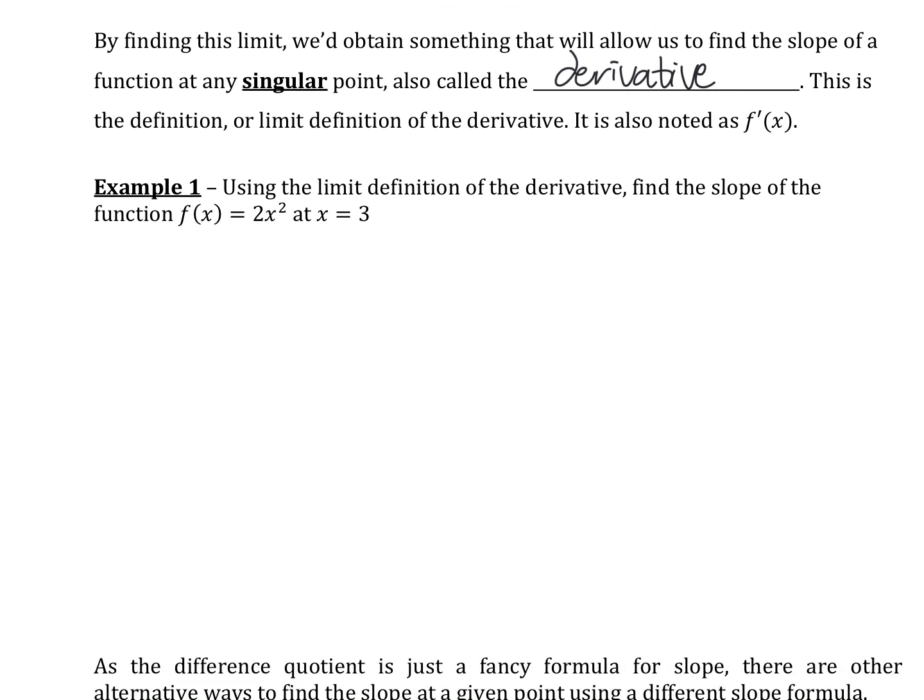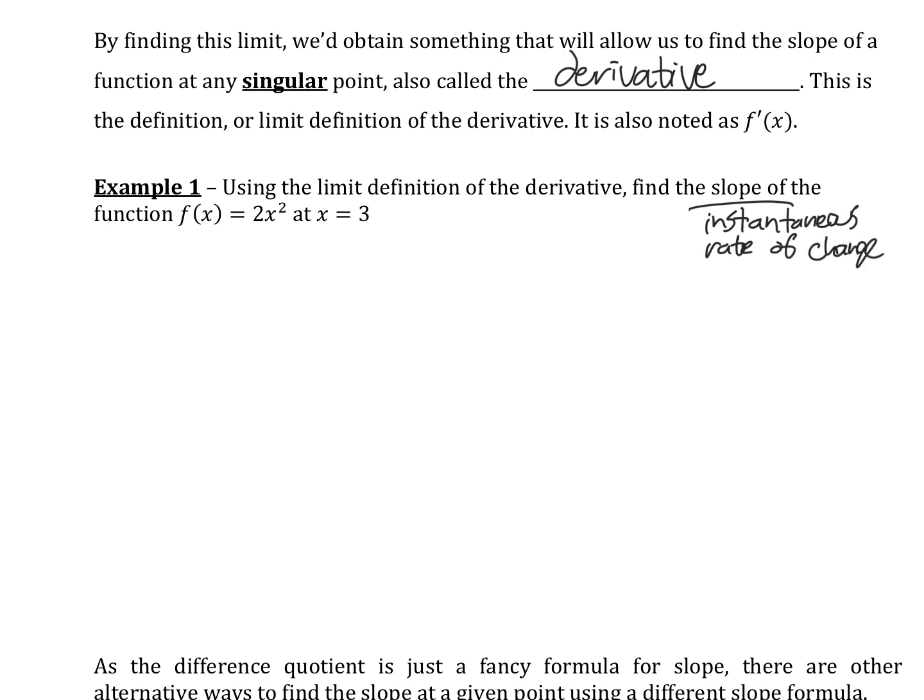So let's actually see how it's going to be used. Example 1 says, using the limit definition of the derivative, find the slope of the function. When you see slope, think instantaneous rate of change. That's what slope is.